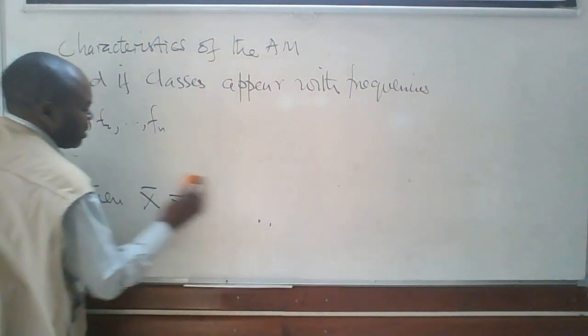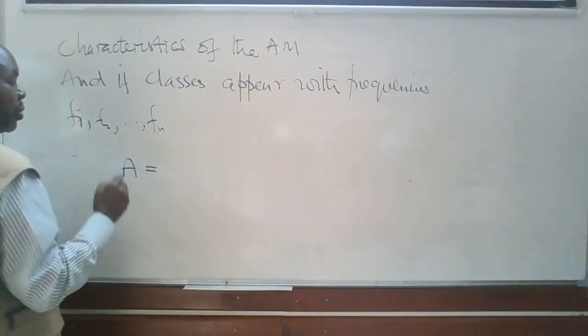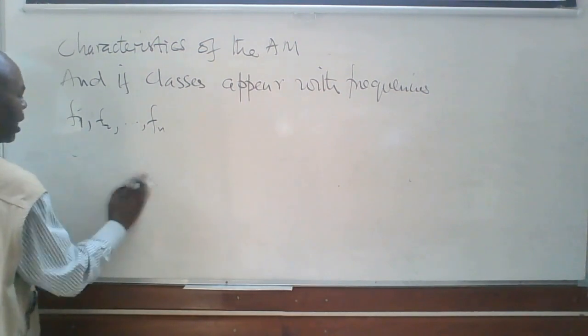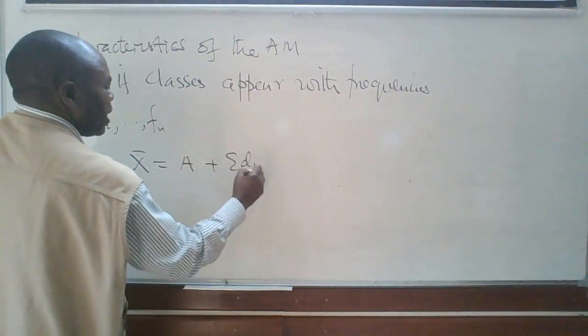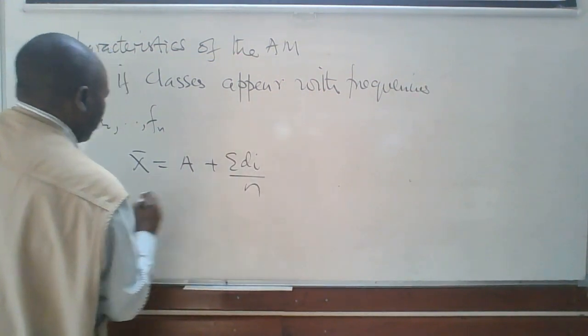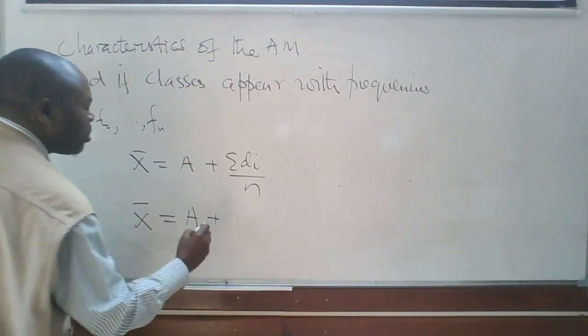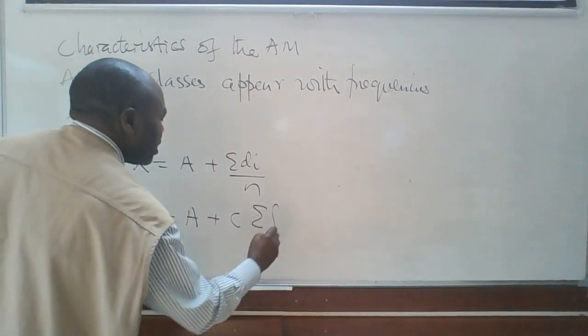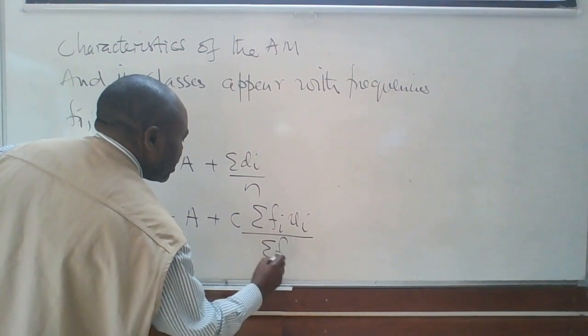Then our x bar, which I wrote as a plus summation di over n, becomes x bar equal to a plus c summation fi ui over summation fi.